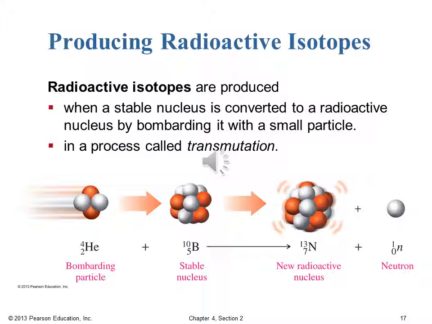So here's a case where we're really looking at two reactants and two products, instead of what we've done so far, which has just been a single radioactive nucleus decaying. Now we have a stable nucleus that we're hitting with an alpha particle to make a new radioactive nucleus, and in this case also a neutron, and that radioactive nucleus, the nitrogen-13, obviously will go on to do its own radioactive decay.